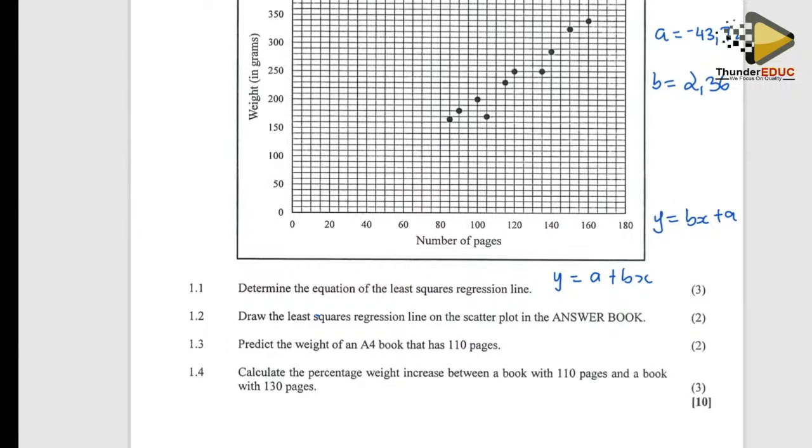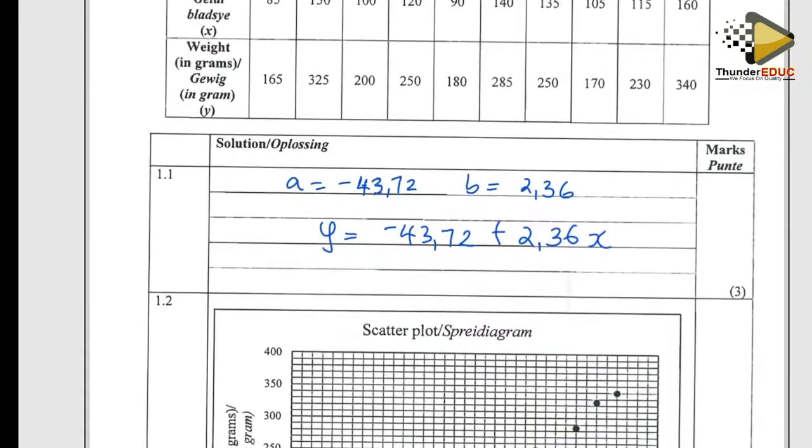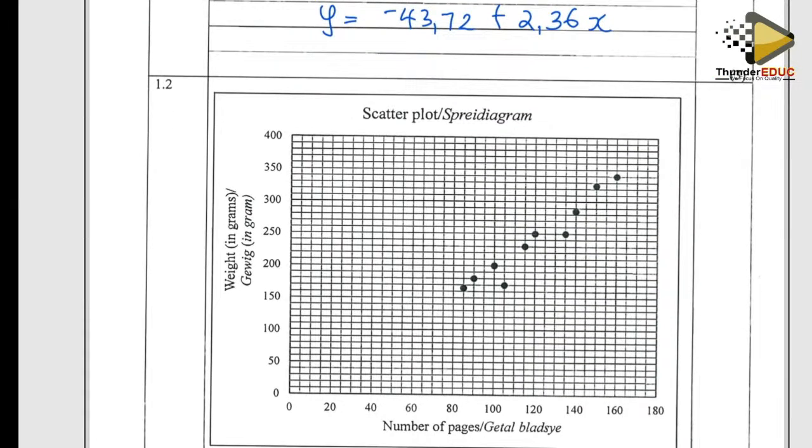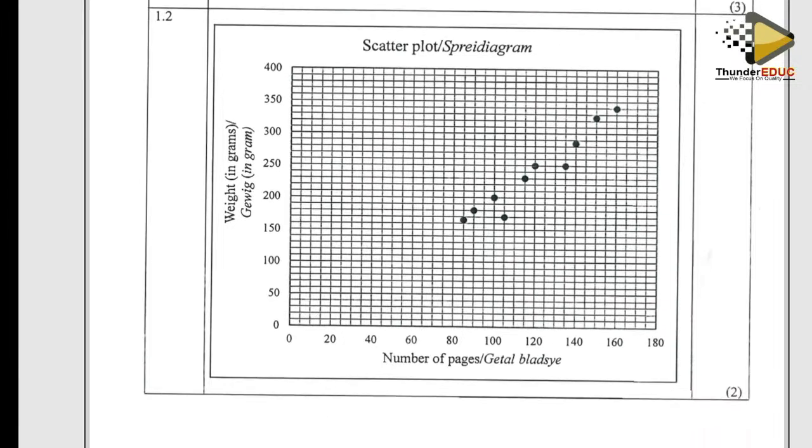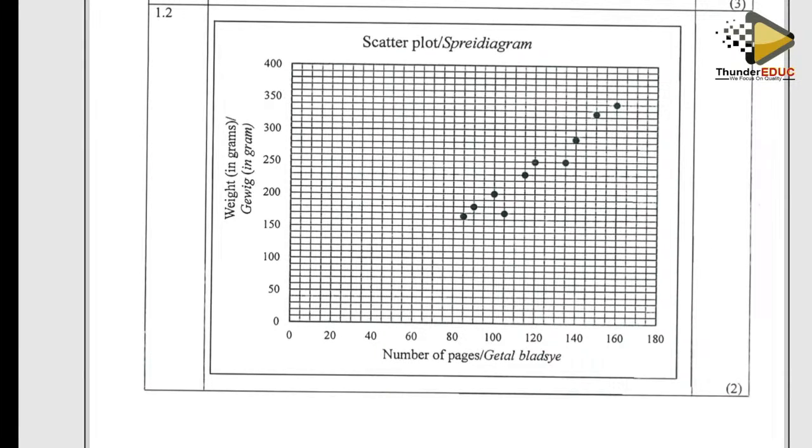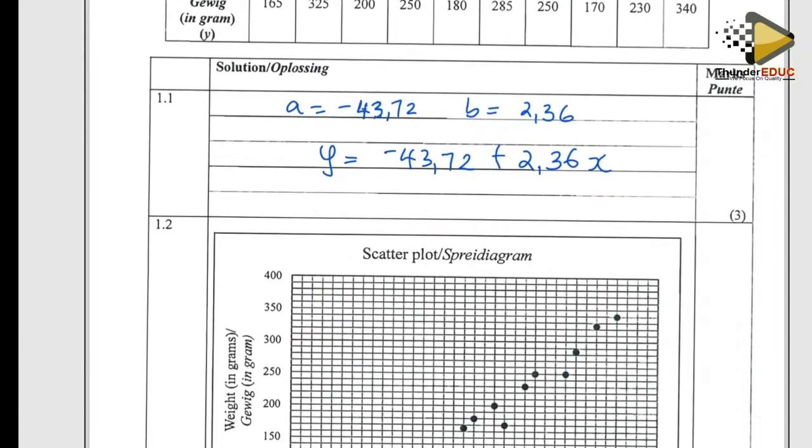The next question asks us to draw the least squares regression line on the scatter plot within the answer book. So these are the points. Remember what we said, we need the mean for the x's and the mean for the y's, the point of interest about which the line is going to rotate.